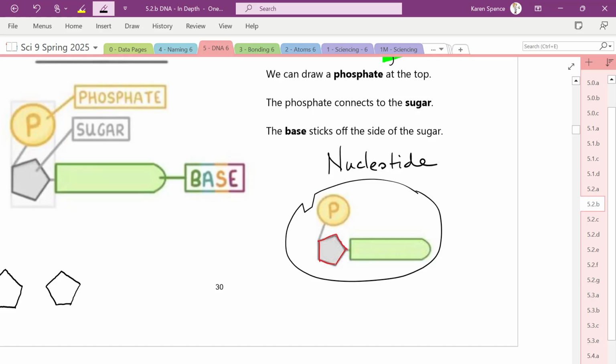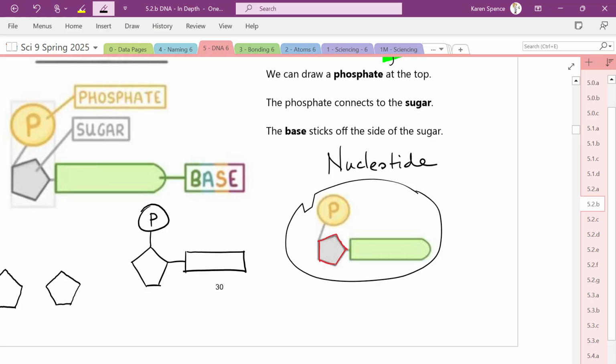And to make life simpler, you don't have to draw it on an angle. You can just draw it like your little pentagon. And you can have a line going straight up. And you can have your phosphate there. And you can have a line coming straight out the side. And you can have your base.